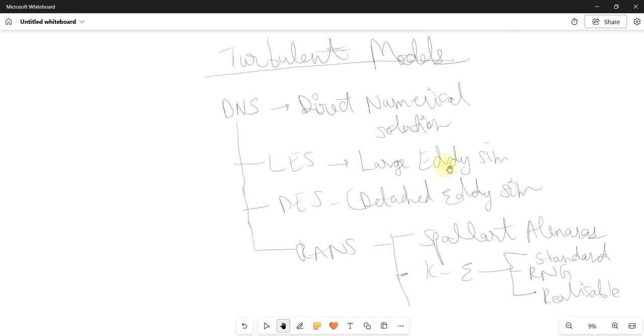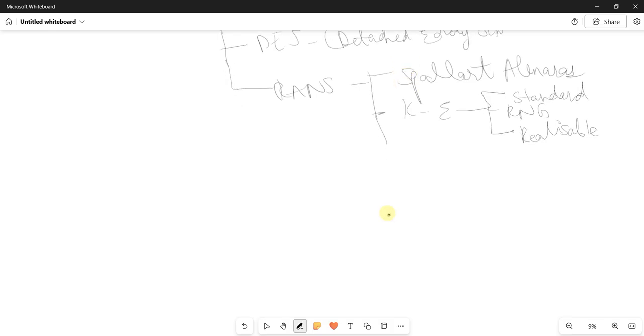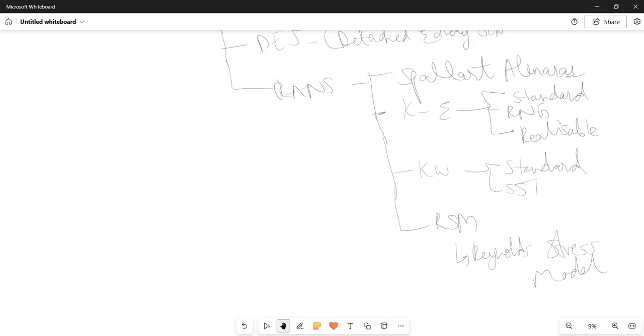Then you go on to K omega, with standard and SST. And at last you have RSM, the Reynolds stress model. We'll discuss each of them in detail now.